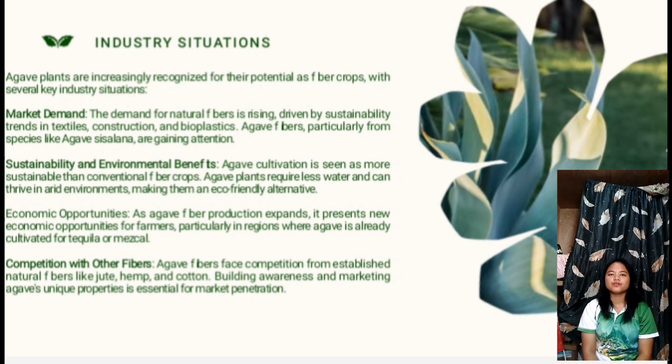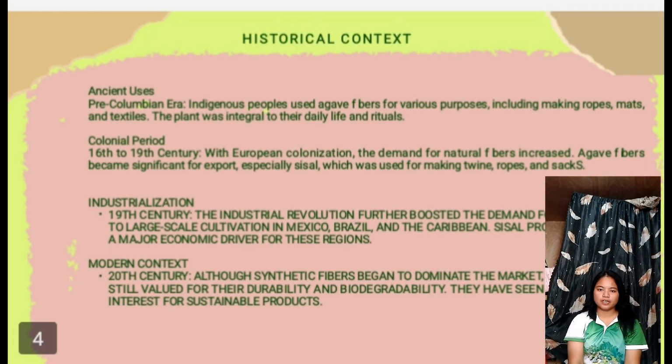Fourth is competition with other fibers. Agave plant fibers compete with established natural fibers like jute, hemp, and cotton. Historical context.